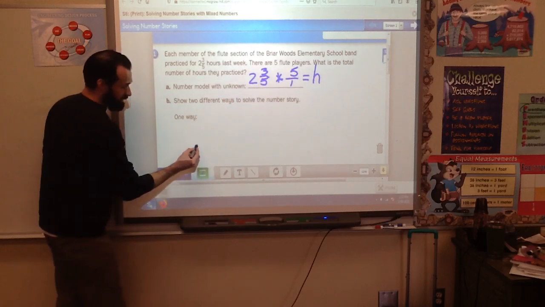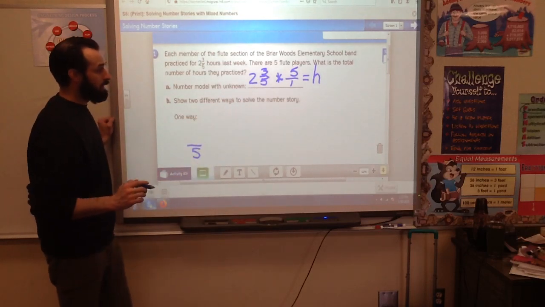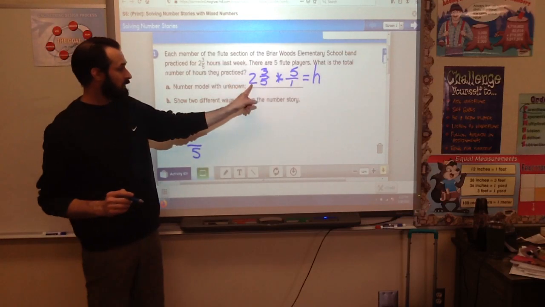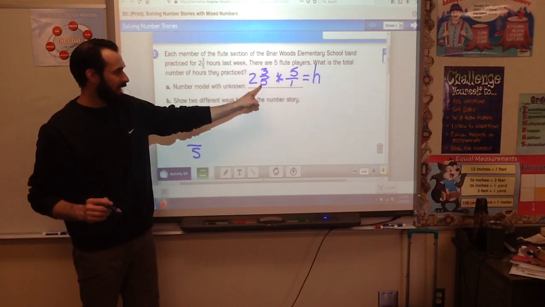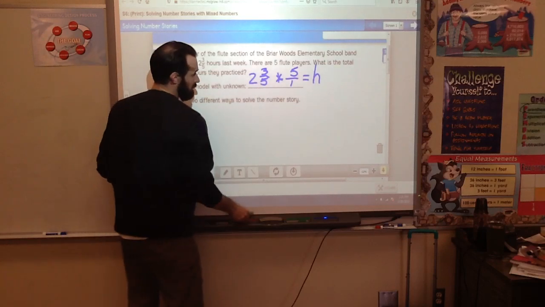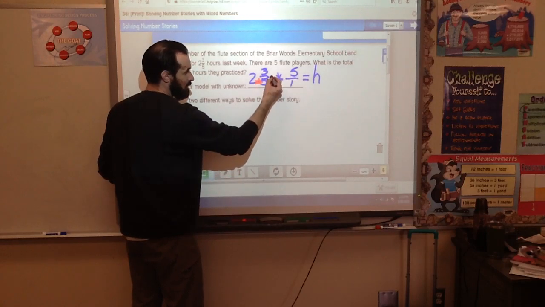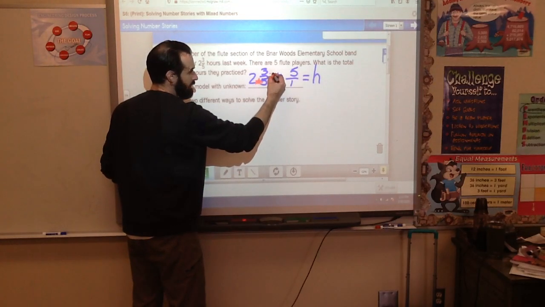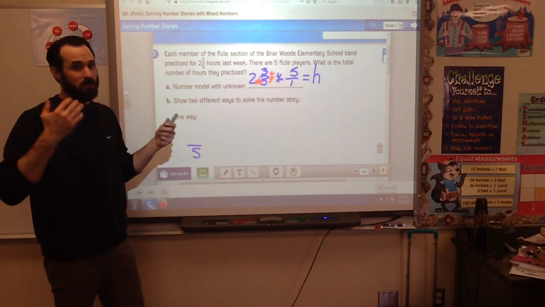Your denominator is going to be the same. It's going to stay fifths. What you need to do is take the whole number, which in this case is 2, and multiply it by the denominator, then add your numerator. So the process looks like this. You can follow along.